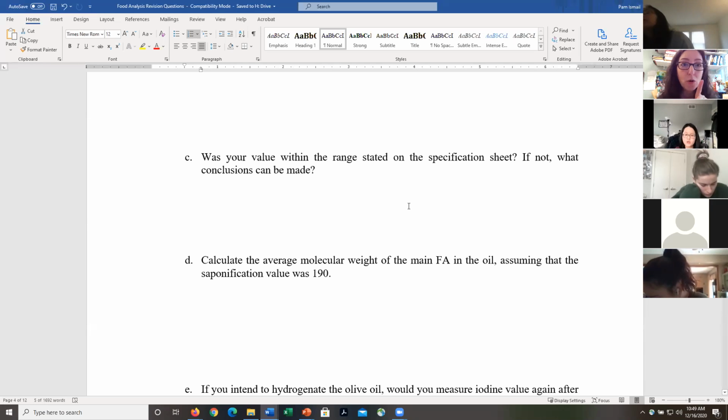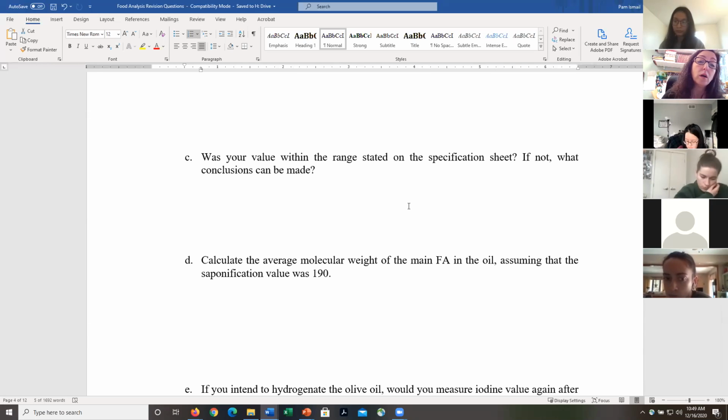Lower, thank you. So with the higher saponification value, you have lower molecular weight, right? Because in 1 gram of fat, you needed more KOH. That means more molecules were there in 1 gram of fat. So then these molecules have lower molecular weight.